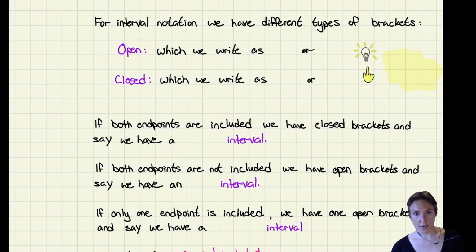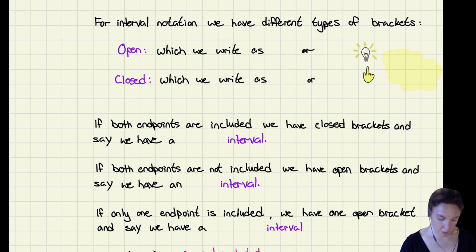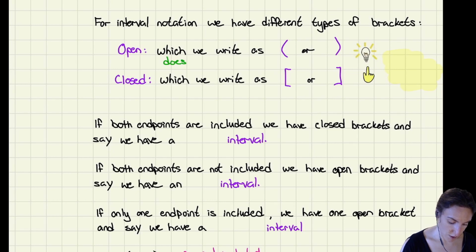Now, in interval notation, we have two main types of intervals. We have an open interval, or open brackets, and a closed interval, or closed brackets. In terms of what they look like, open intervals are rounded, and closed ones are square brackets. The open ones do not include the endpoints.